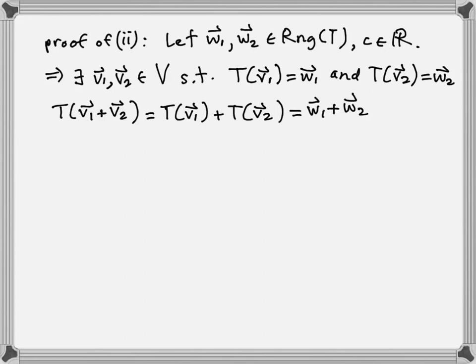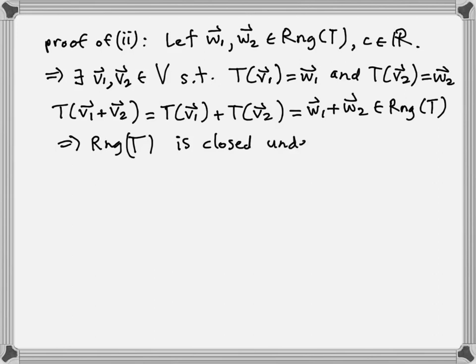So what we just showed is that V1 plus V2 maps to W1 plus W2, which means that W1 plus W2 lives in the range of T, which means that the range of T is closed under addition.